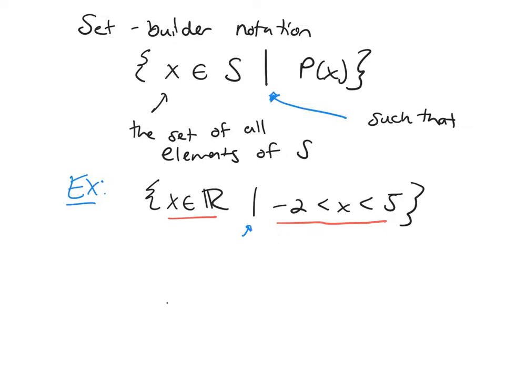So if you want to picture these numbers, you could do so on a number line. -2 to 5. All of the numbers between -2 and 5, but not including -2 or 5. Okay.